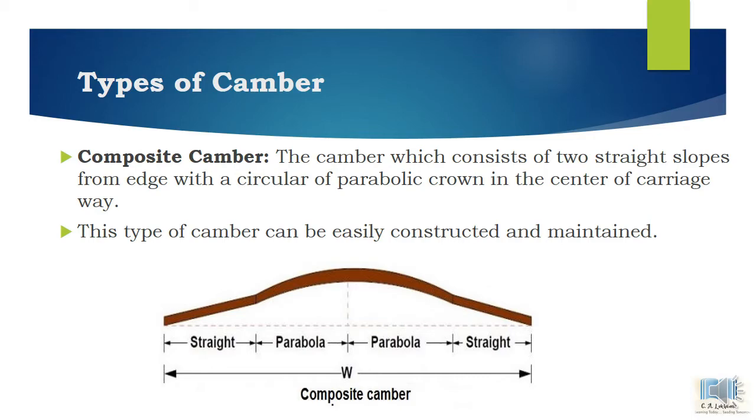The shape of this type of camber in the middle portion is parabolic and it has two straight portions. Okay, two straight portions or two straight slopes at a distance of 2/3 from the edge, and at the middle the shape of the camber is circular or parabolic.